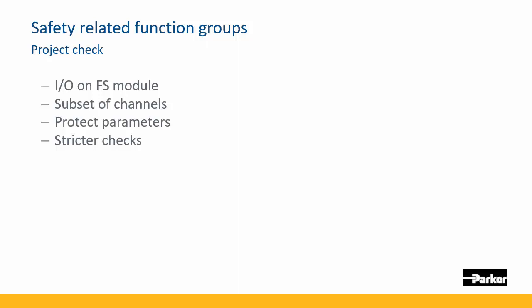It limits to a subset of channels, so things like interactive messages and so on are not suitable for using safety functions. It puts some checks on protecting parameters and some stricter checks in general. So let's look at how this looks in IQANdesign.